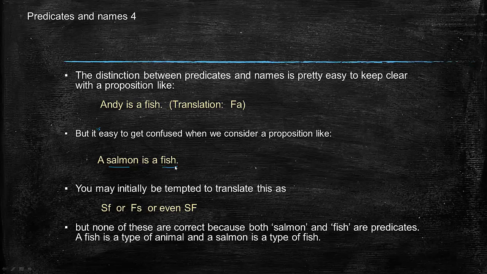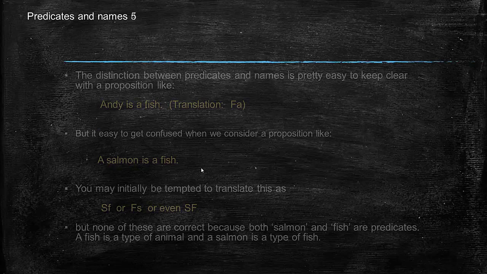A fish is a category or a kind of, say, animal, and a salmon is a kind of fish. They're both kinds of objects. So there's no names in here, and as before, we don't have the capacity yet to translate a proposition like this.